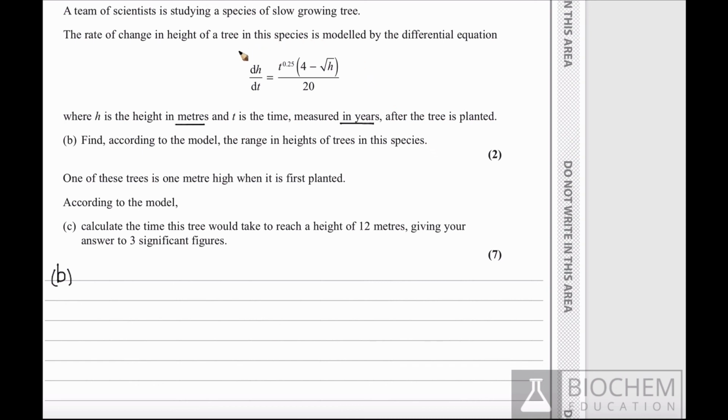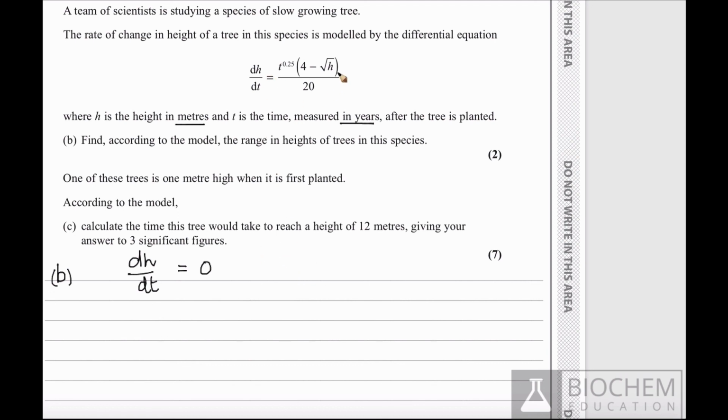So the question is asking us what is the minimum and maximum range of the trees that can be obtained according to this differential equation. And we know that in order to find maxima or minima, the rate of change is equated to 0. So we can start our answer by saying that dh over dt equals 0 in order to find out the maximum or minima.